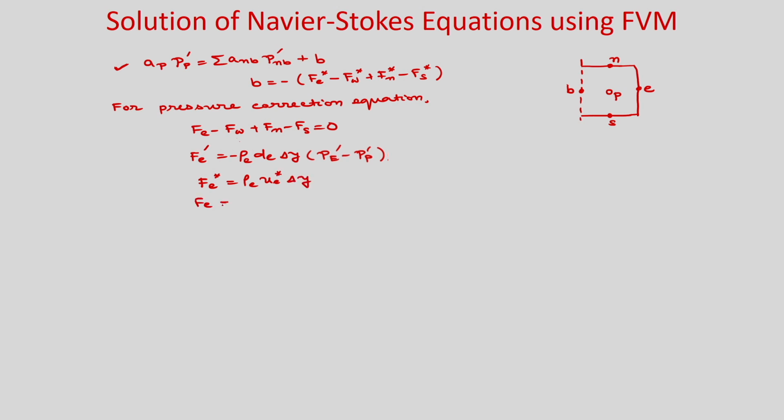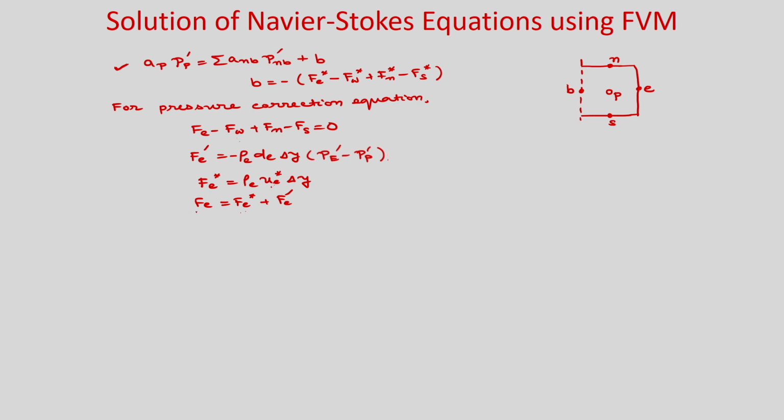So, F e we have written as F e star plus F e prime. Now, if velocity is specified at the boundary, then mass flow rate is known. So, you do not need any correction in the mass flow rate. F is equal to F star plus F e prime, and if velocity is known, then this is your correct velocity. That means you do not need any correction, so F e prime will be 0.